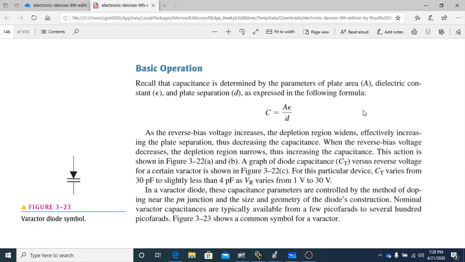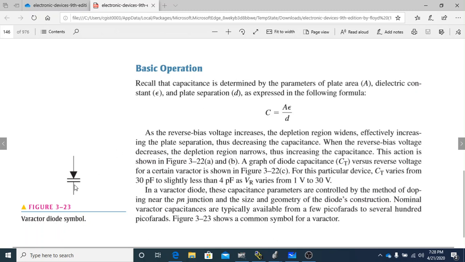Closer together, capacitance goes up. Just like if the plate area gets larger, then capacitance goes up. If the plate size goes down, then capacitance goes down. So just keep it in mind. Just like a capacitor, those same things hold true in a varactor diode.